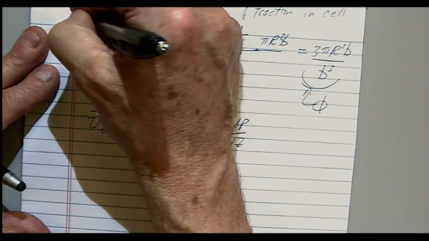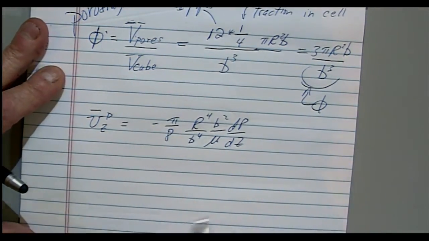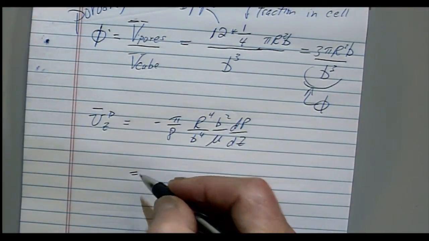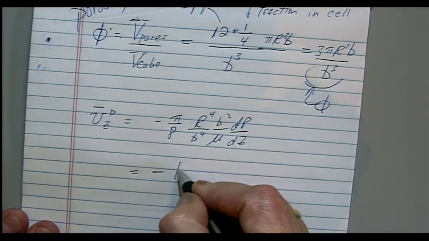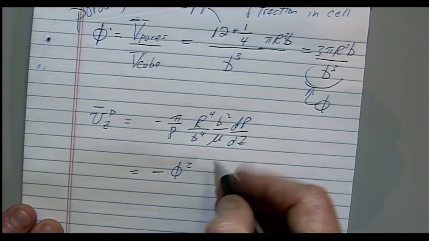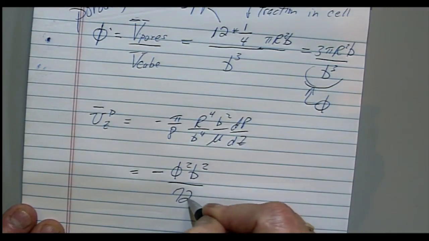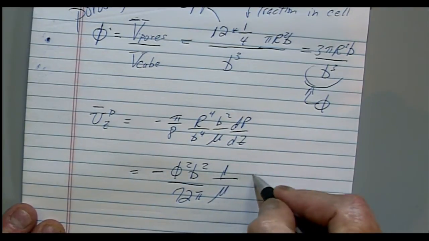So phi is called porosity. It's the fraction of the system that's actually pores. And so in terms of porosity, this comes out looking like minus phi squared, the porosity squared, times the size of the cell squared over 72 pi, times 1 over the viscosity times the pressure gradient.